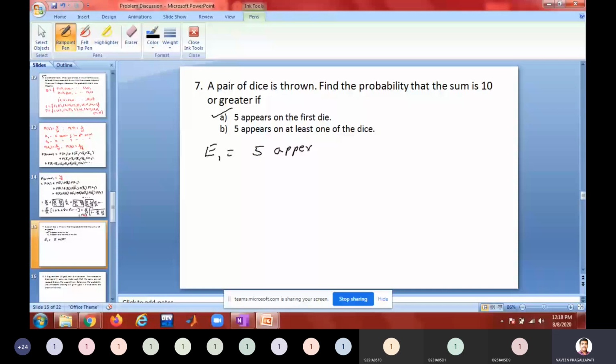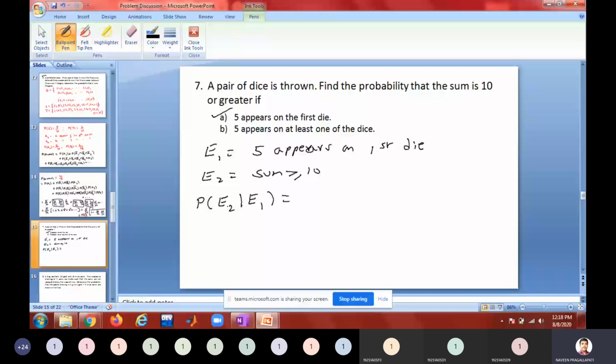Event E2 is sum greater than or equal to 10. So we want to find the probability of E2 given E1. That is the probability that the sum is 10 or more given that 5 is appearing in the first die.